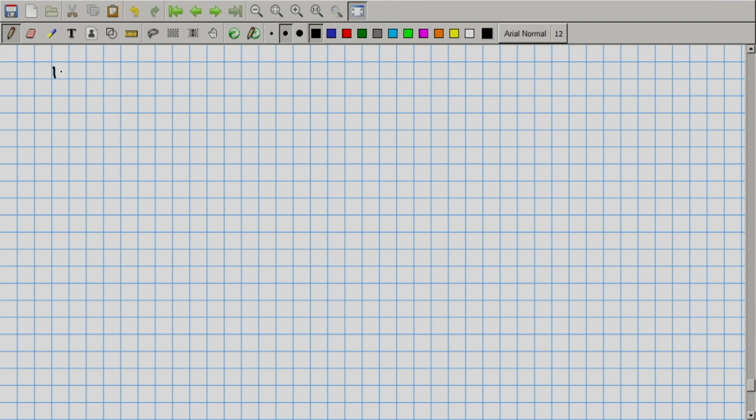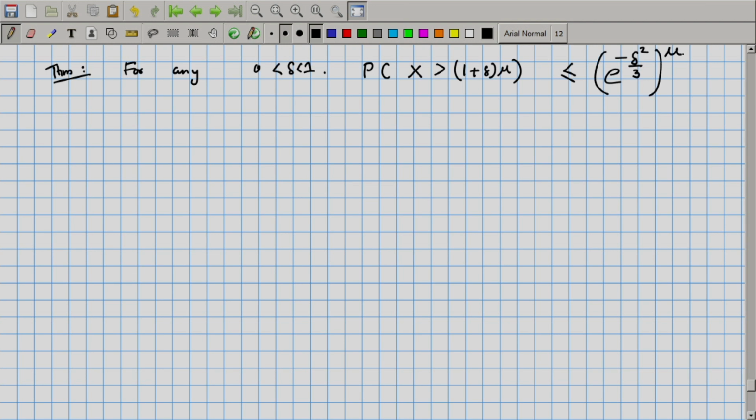so when delta is less than 1, we have the following theorem. For any delta between 0 and 1, the probability that x is greater than 1 plus delta times mu is going to be less than e raised to minus delta square by 3, the whole raised to mu.